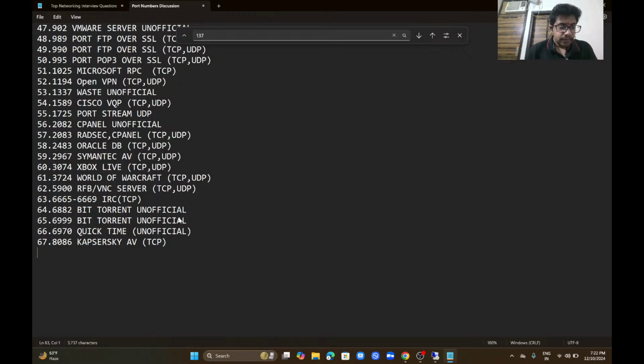8087 is the same, Kaspersky AV, using UDP datagram. After this, 9100 is PDL using TCP port number.